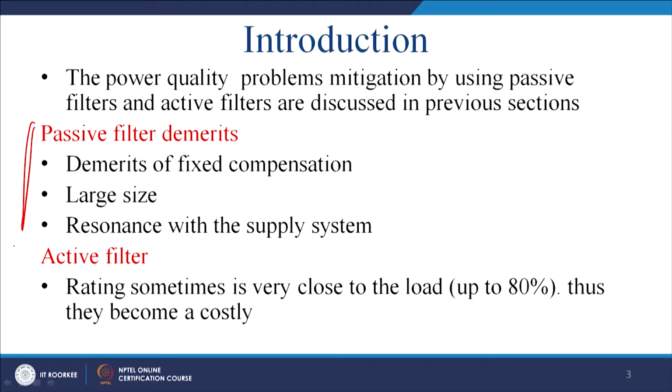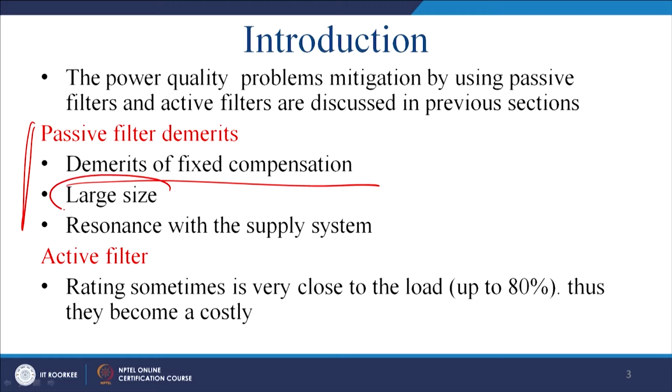As we know, power quality problem mitigation using passive filters and active power filters has already been discussed. We know the problems of the passive filters in detail. We have discussed the demerits of the fixed compensation: with a little bit of change in the frequency, it cannot act properly.